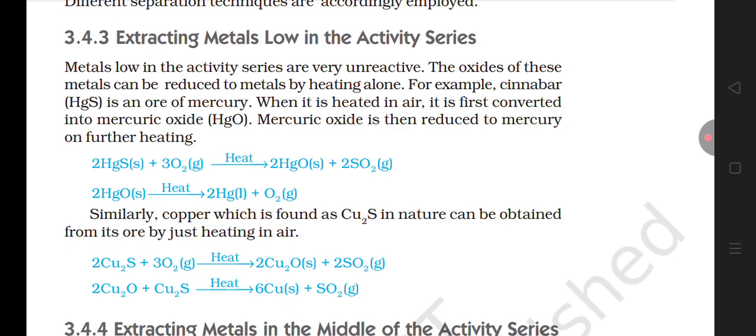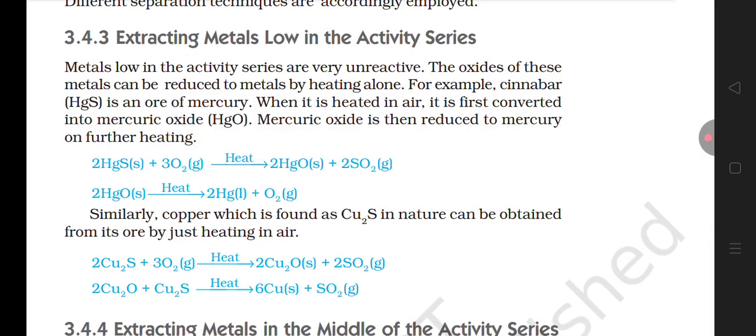So this is copper sulfide combining with oxygen, and we get copper oxide plus sulfur dioxide. Next, copper oxide, when heated with copper sulfide, gives copper plus sulfur dioxide. Like this also we get the metal.